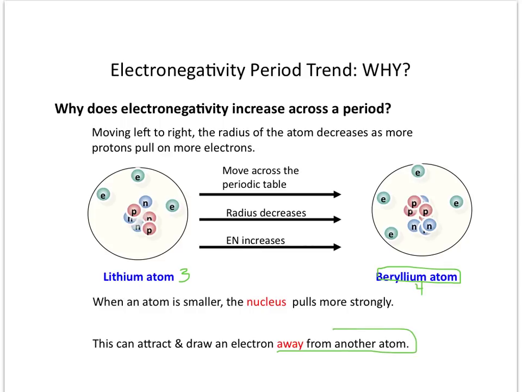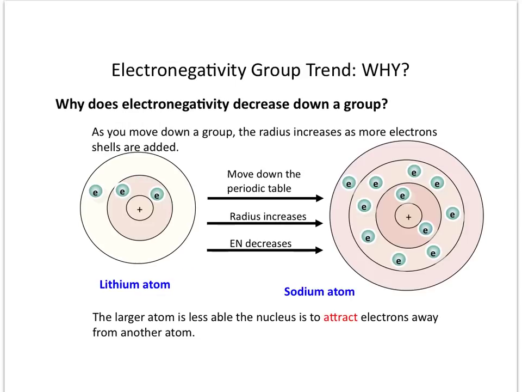from another atom. As we go down in group, electronegativity is decreasing. Remember that the additional energy levels play a role in that. Since every time we add an additional energy level to the atom, the nucleus has a harder time dealing with those outermost electrons due to the shielding of the inner core electrons.